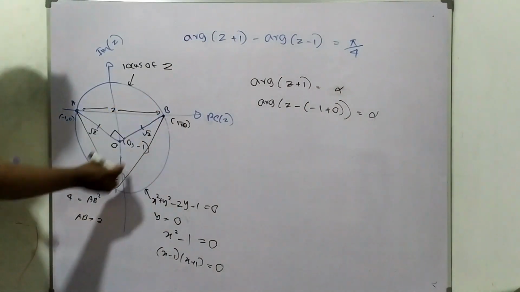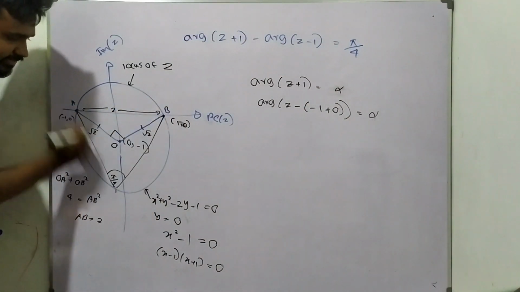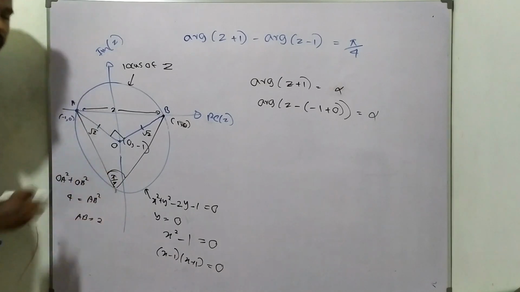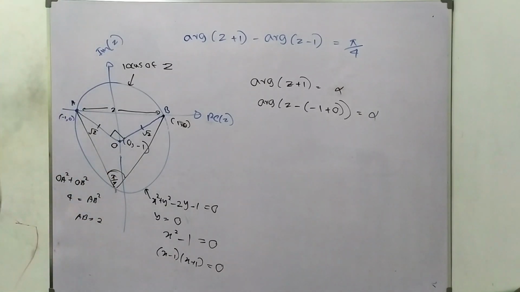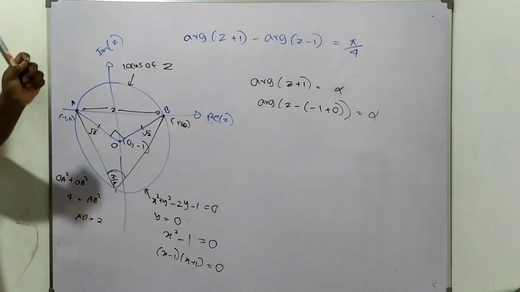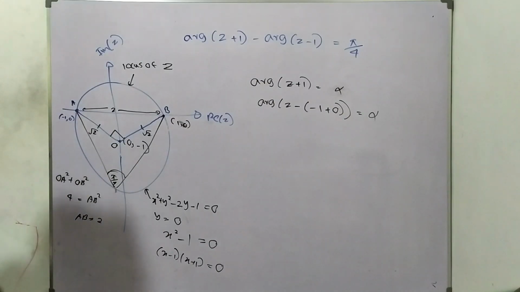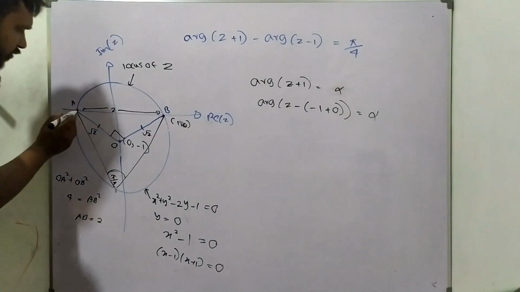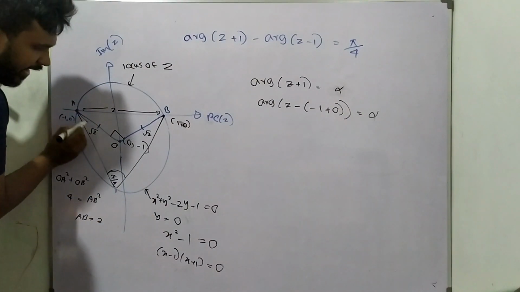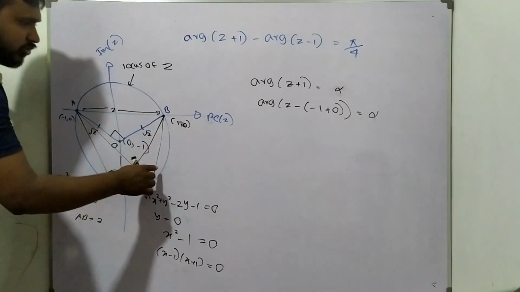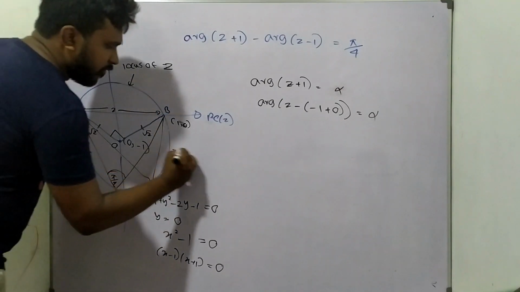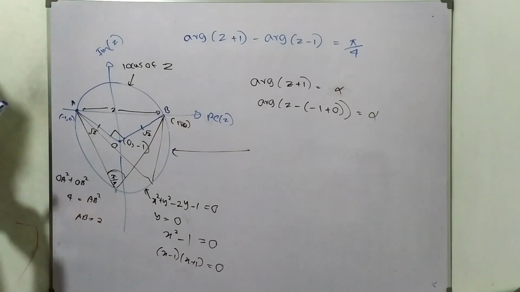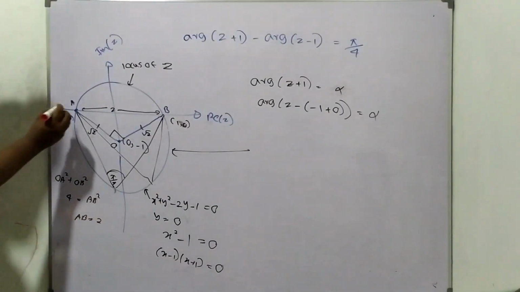You can see, right? These are my lines, which make pi by 4 angles. So probably, using your grade 11 geometric knowledge, all the angles here will be pi by 4. So therefore this part, I will shade it with red color.